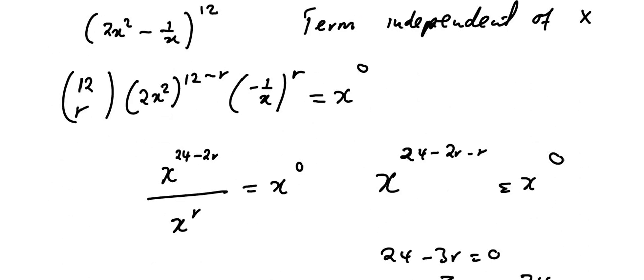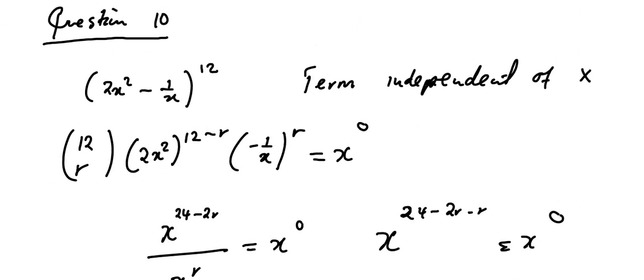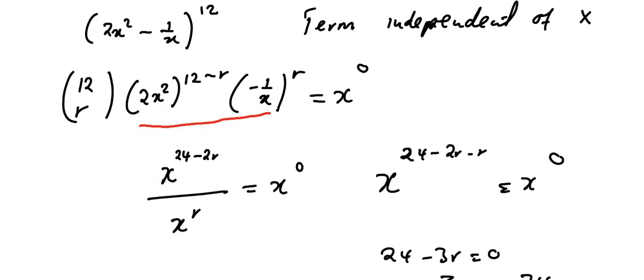Number 10, we have this whole expression equated to x to the power 0. Then let these values give us the x expression. So we have x squared to the power, this is what you see, then x to the power r.